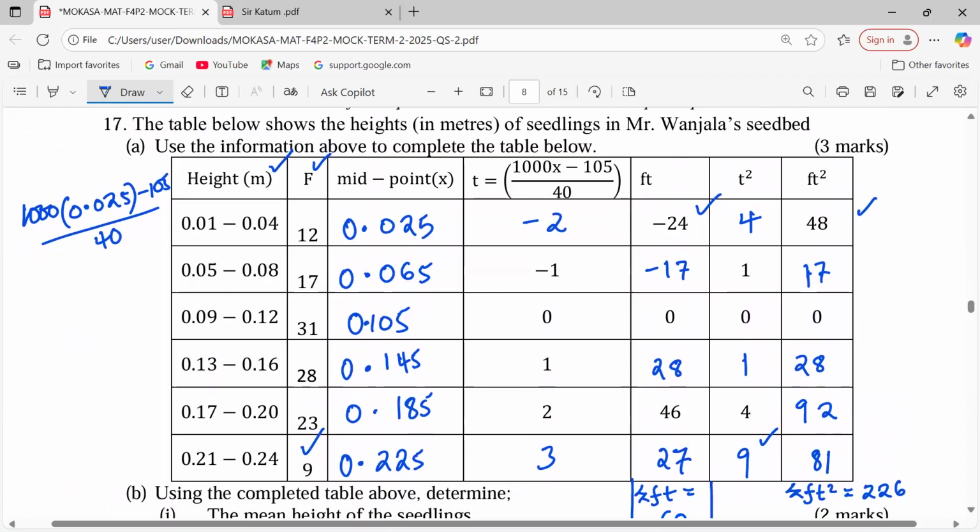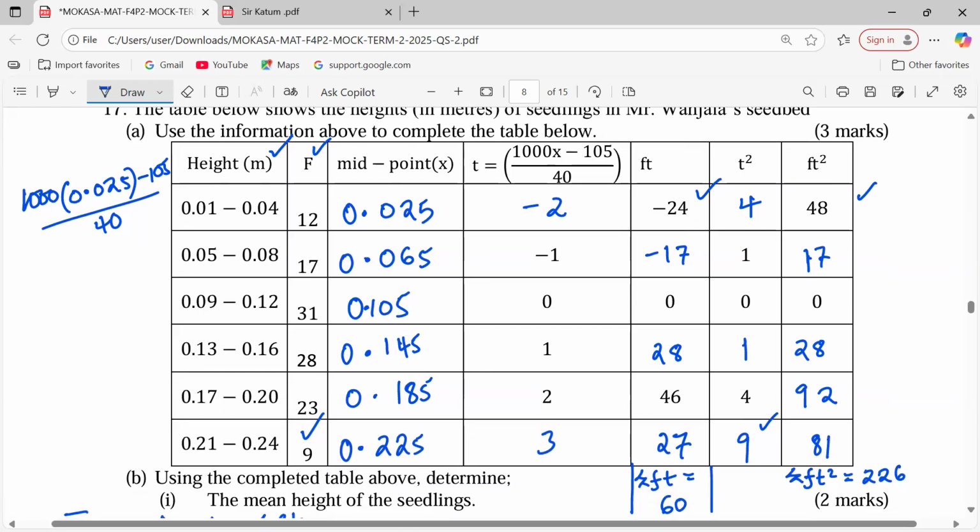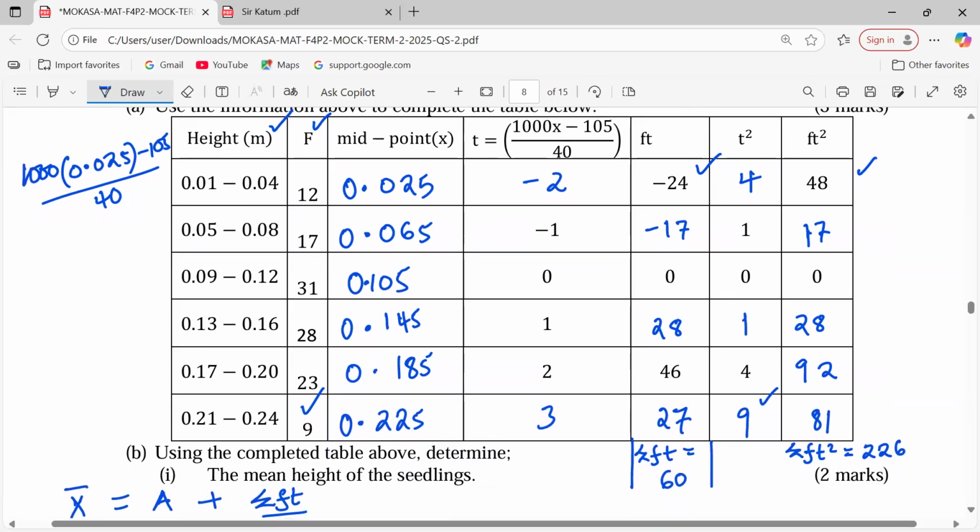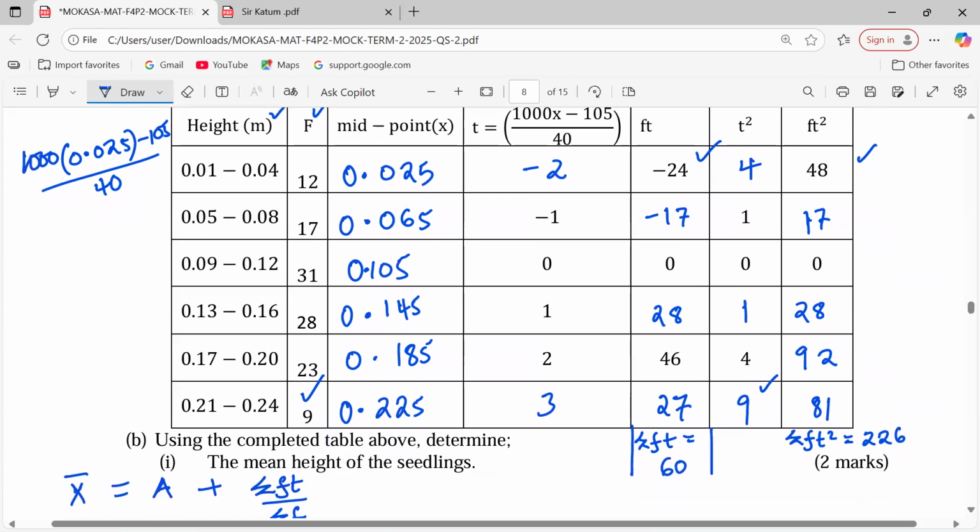And also the midpoint has been multiplied by 1,000. Therefore, for us to get back to the values that we had, we would have worked with very little values.